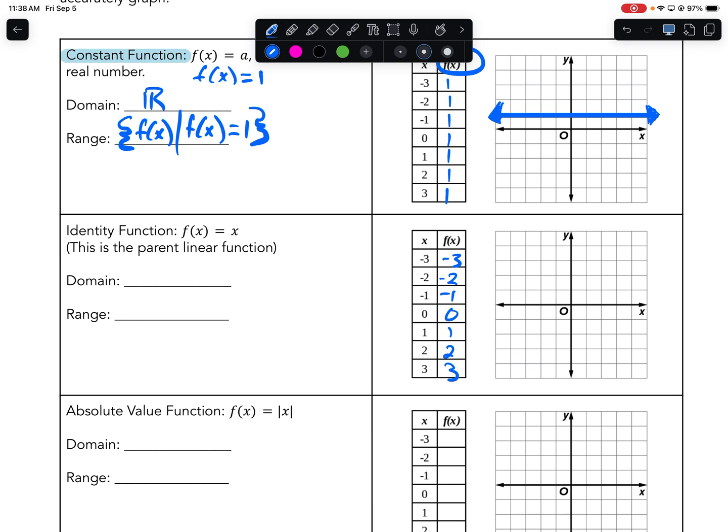Right, so think about it, right? So start graphing those ordered pairs. Negative 3, negative 3. Negative 2, negative 2, negative 1, negative 1, 0, 0, 1, 1, 2, 2, 3, 3. Right, we just have a diagonal line. Okay, arrows on the end.